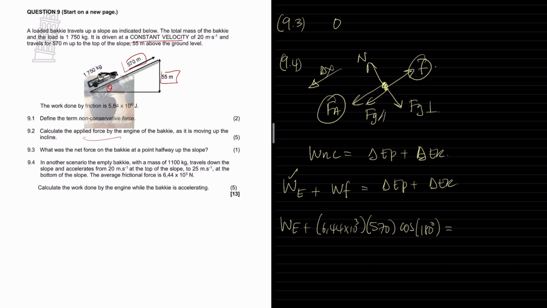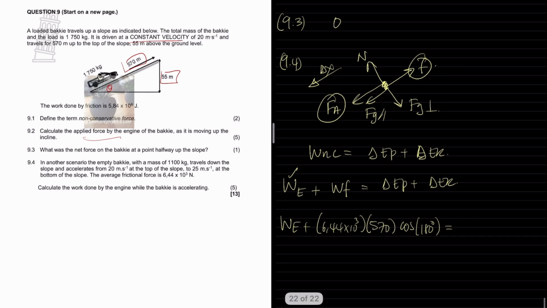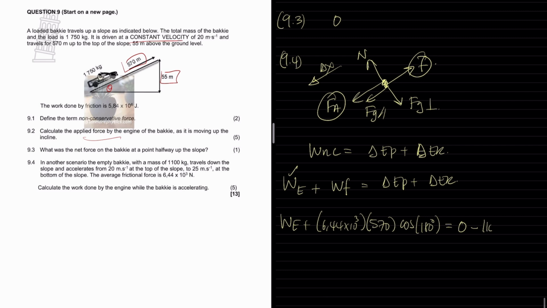So the potential energy, it's going down. So the final potential energy is going to be 0 since it's going to be on the ground. And then minus the potential energy at the top is going to be 1100 times 9.8 times 55. And now we need to add the delta EK.